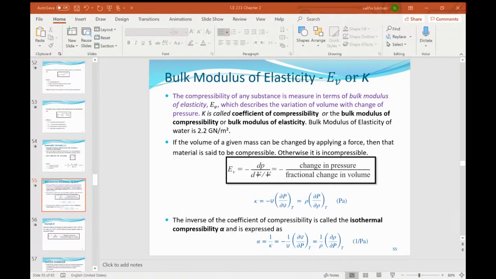So the quiz will cover up to slide 35, that is about shear stress, or let's say, up to slide 27.